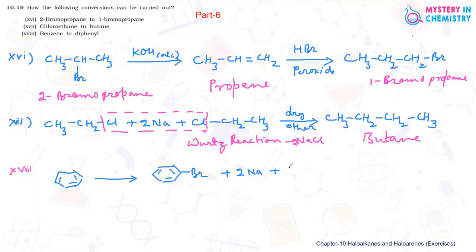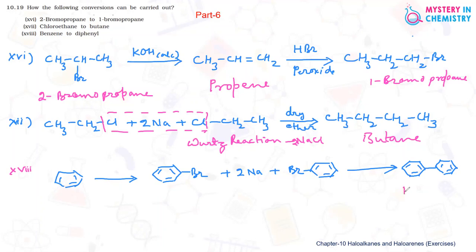So one more Br should be here, which is directly attached to benzene ring. That means bromobenzene, and it should be in presence of dry ether, and by that the product which is formed is diphenyl. So two benzene rings are joined together. This is diphenyl.